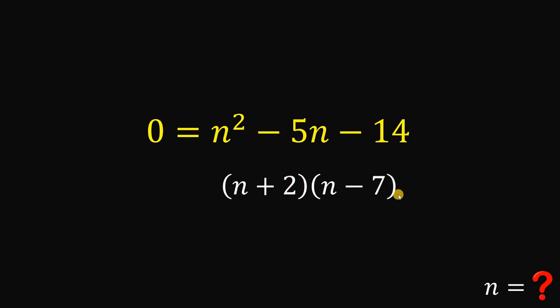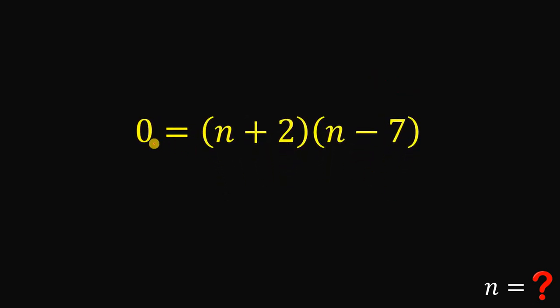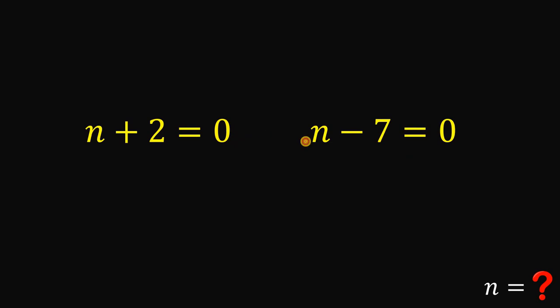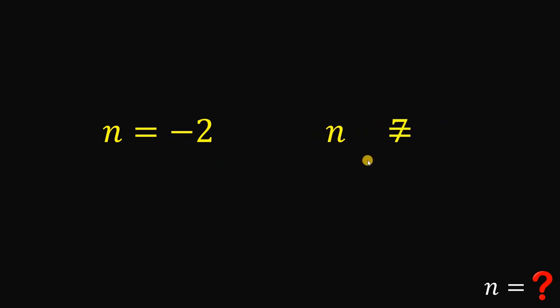Since it is equal to 0, at least one of them must be equal to 0. So we have n plus 2 equals 0, or n minus 7 equals 0. From the first equation, if we subtract 2 on both sides, we get n equals negative 2. On the second equation, if we add 7 on both sides, we get n equals 7.